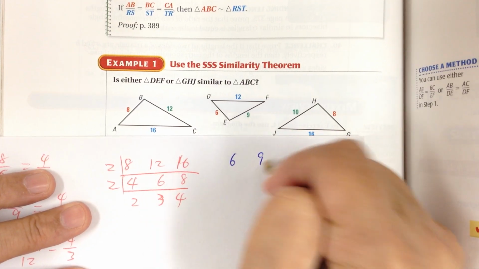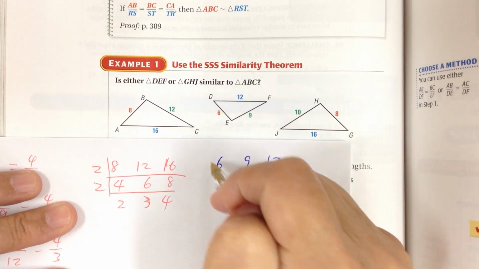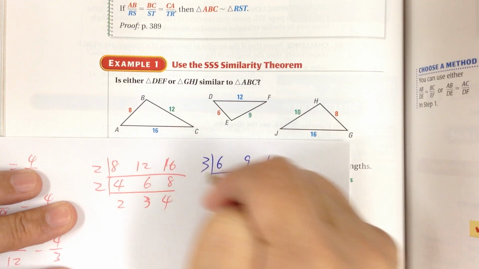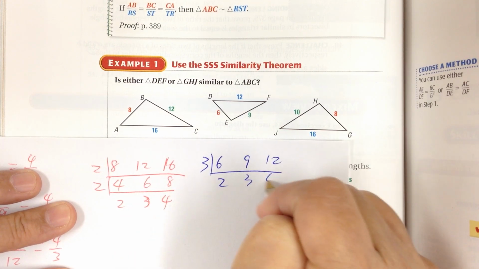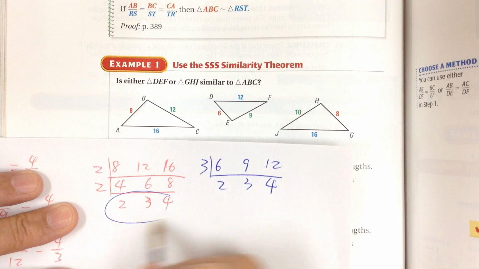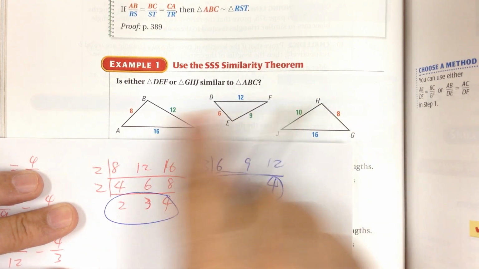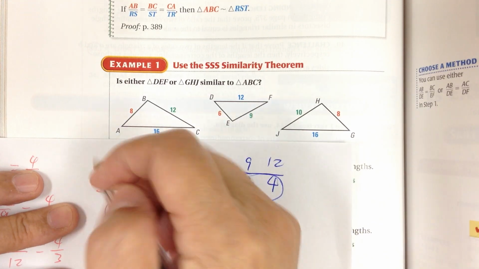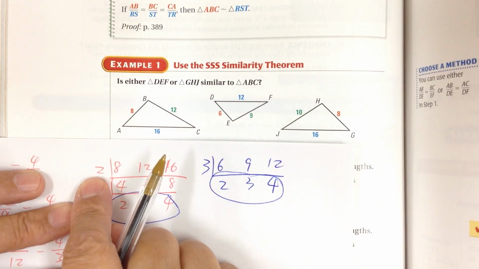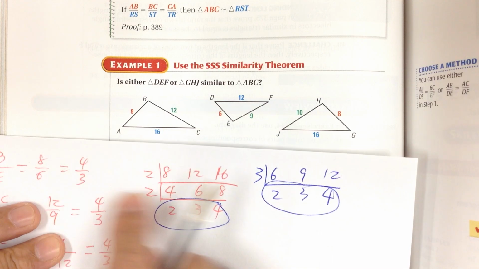You have 6, 9, and 12. Again, reduce as much as you can. Divide by 3, you get 2, 3, 4. So you can see this number here and this number here match, which means they are similar. And the scale factor would be the number on the side, 4 to 3.